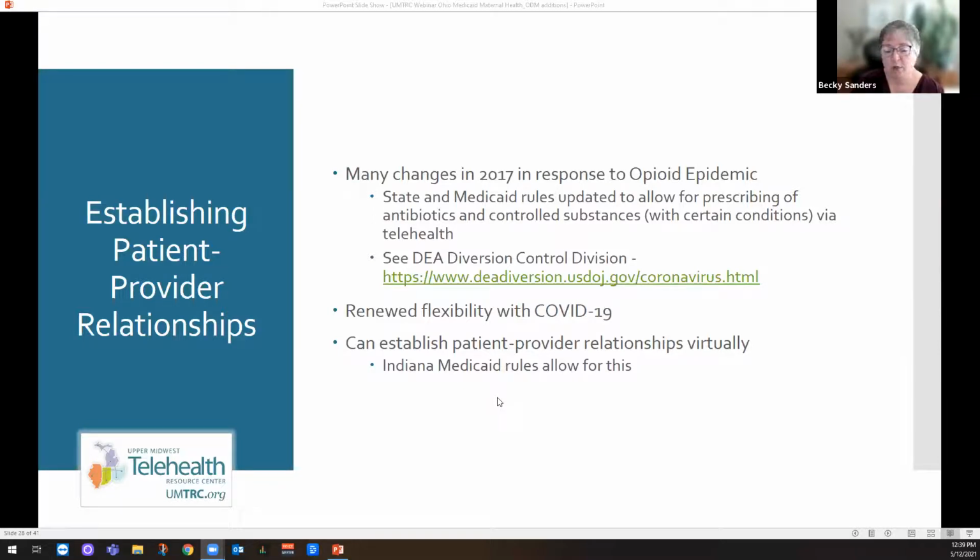And you can also prescribe a controlled substance on that first telehealth visit, based on the waivers that the Drug Enforcement Agency, or the DEA, has in place. I have Indiana on that slide, but it's true for Ohio as well.